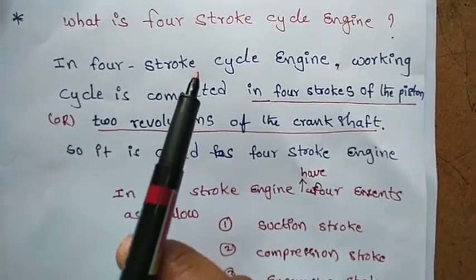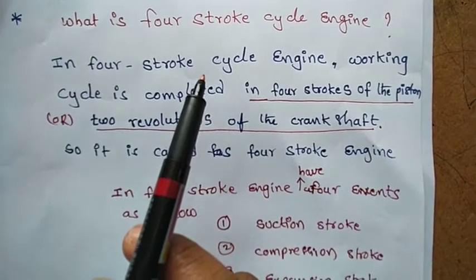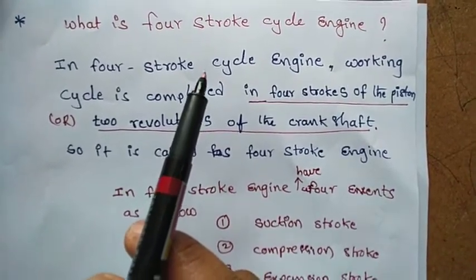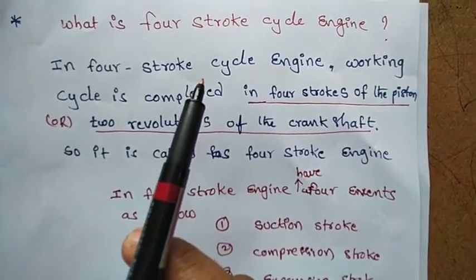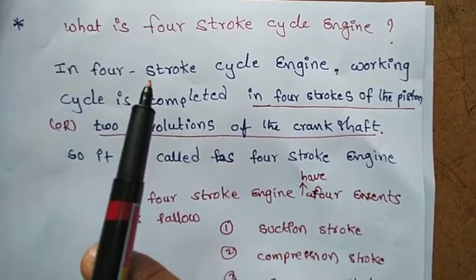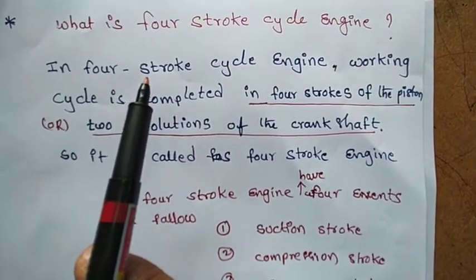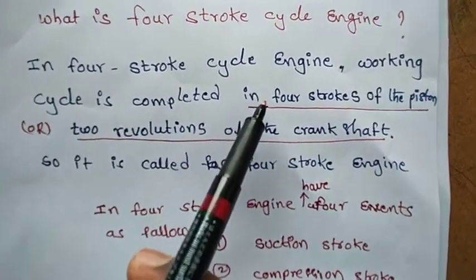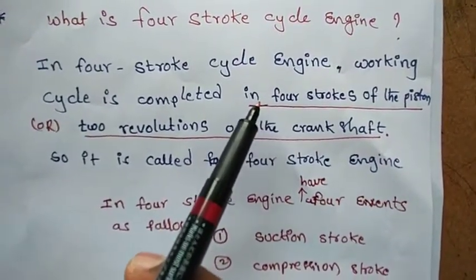For 1 stroke it is 180 degrees, and the next stroke makes 360 degrees, that is 1 revolution of the crankshaft. The remaining 2 strokes make another 360 degrees, the next revolution, so 2 revolutions of the crankshaft. So finally, in a 4-stroke cycle engine, the working cycle is completed in 4 strokes of the piston.